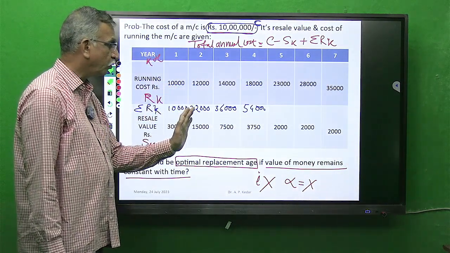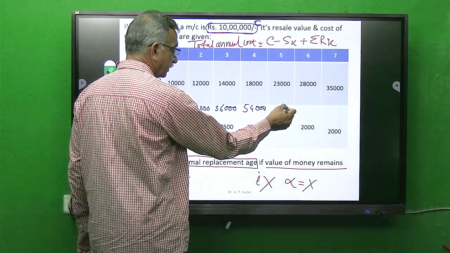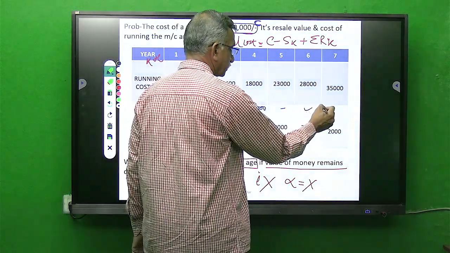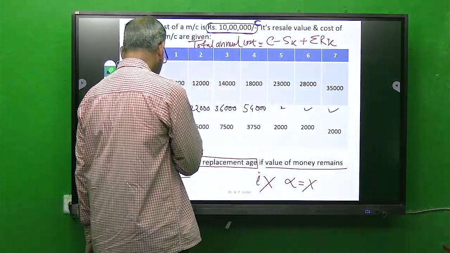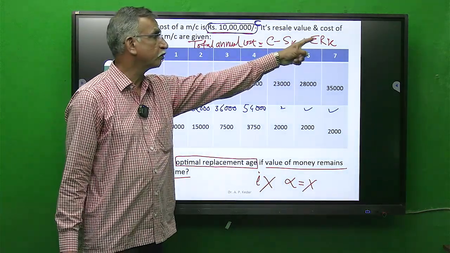If you go on adding the subsequent years' costs, you will get the values. This is how you calculate the value of RK, which is needed for this particular problem.